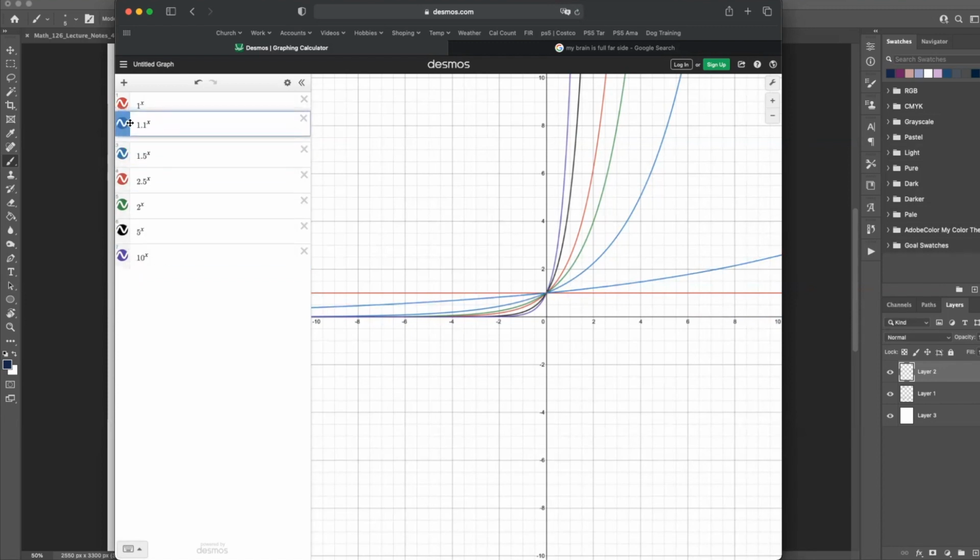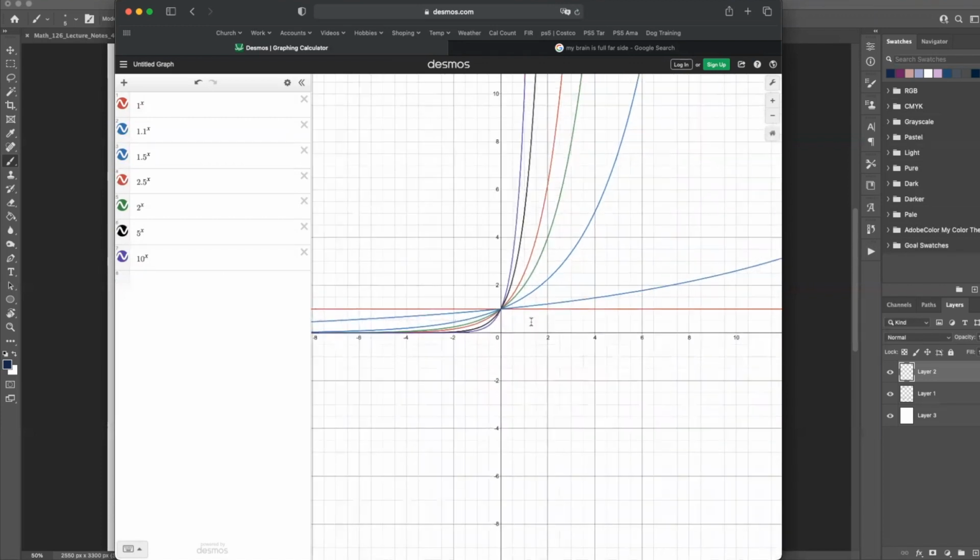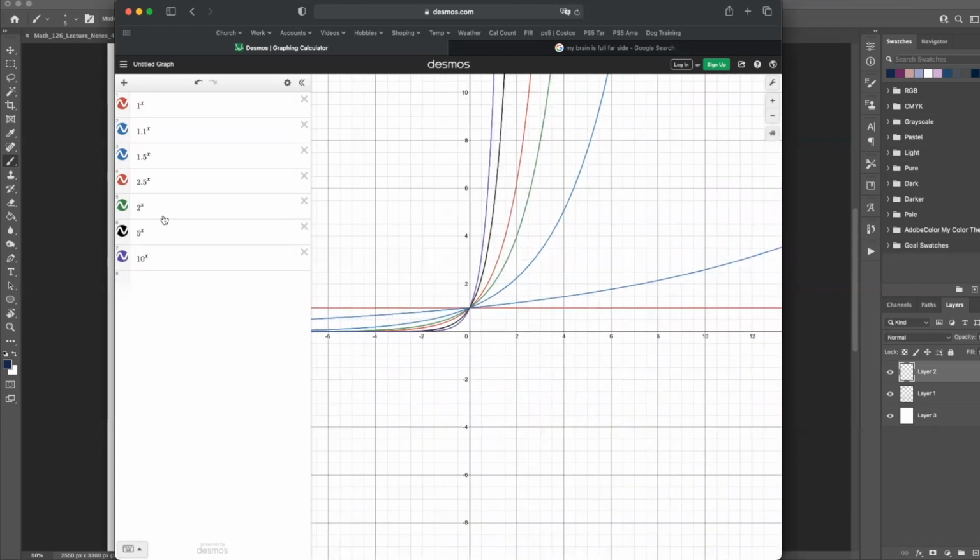So here I want to give you an intuitive sense. So what do we have here? If the base is greater than 1, it's going to slowly rise. Here's the base 1. This is 1.1. This is 1.5. This is at 2. This is at 2.5. This is at 5. This is at 10.